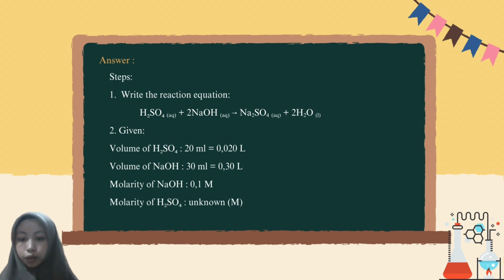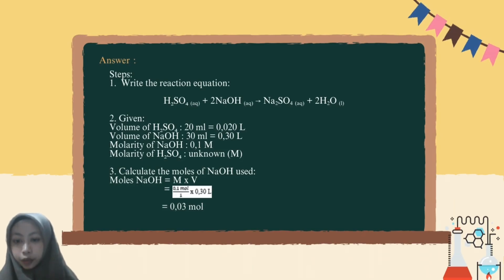Volume of H2SO4 is 20 ml or 0.020 liter. Number 2. Volume of NaOH is 30 ml or 0.030 liter. 3. Molarity of NaOH is 0.1 mol and molarity of H2SO4 is unknown, or M.